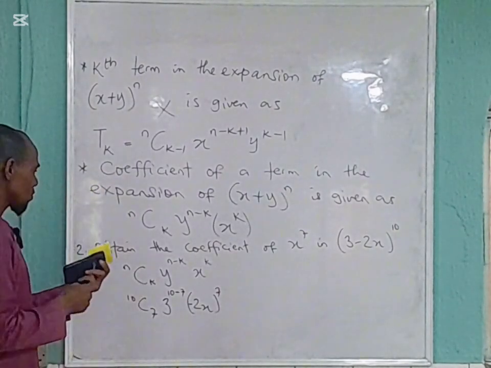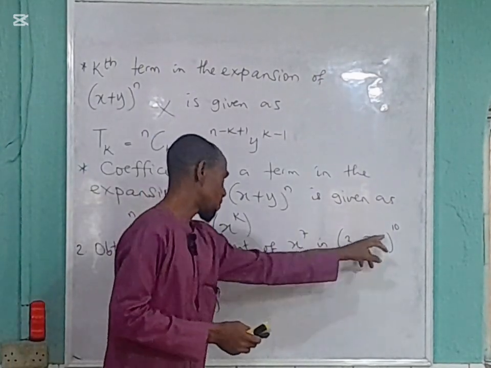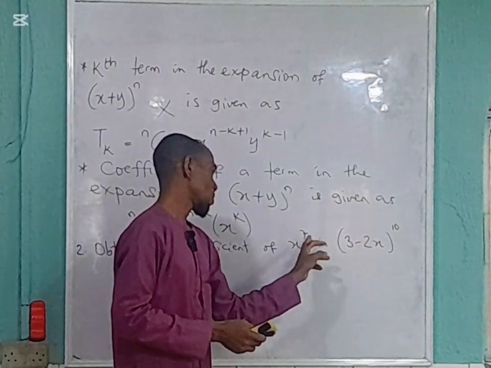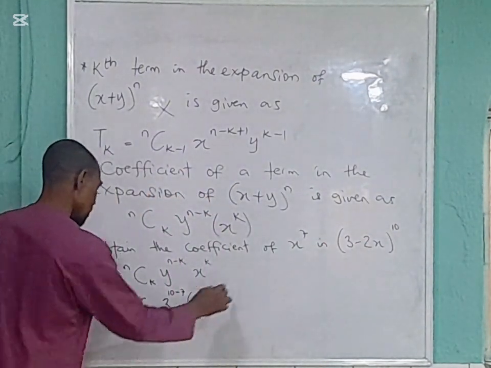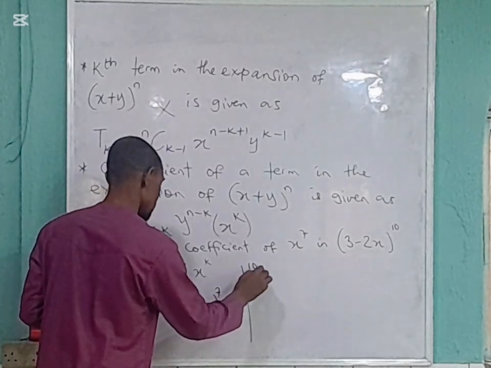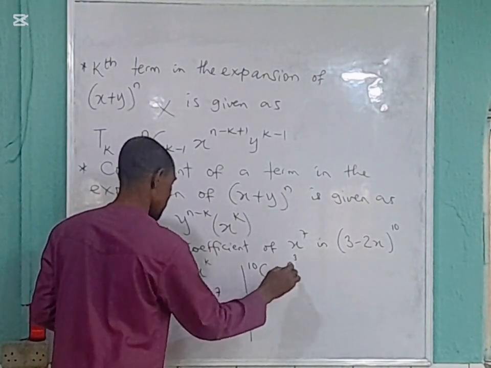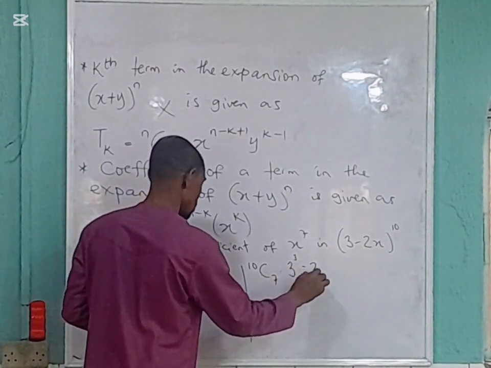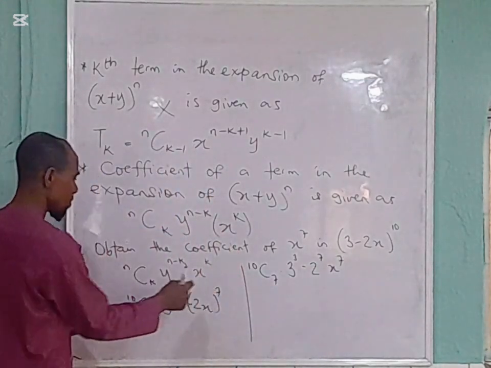So it is done in such a way that x must have 7 in the power eventually. So you have 10 combination 7, then times 3 power 3, and then minus 2 to the power of 7, then x power 7, opening the bracket.